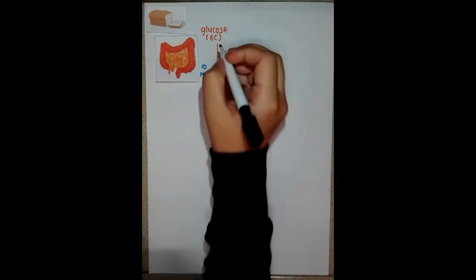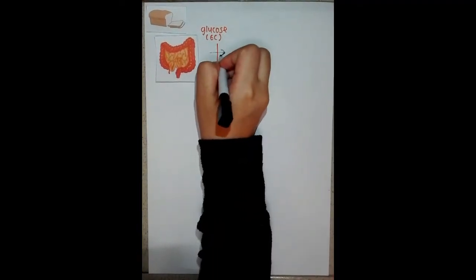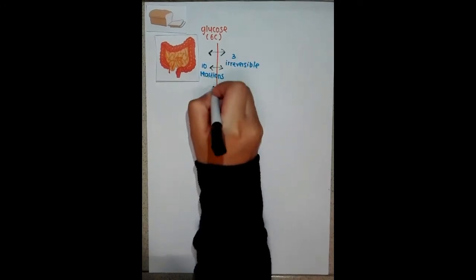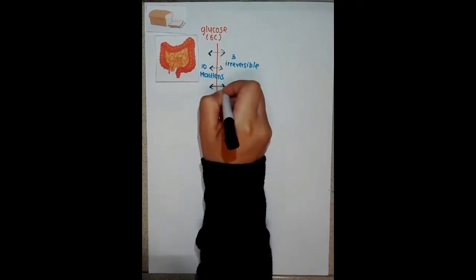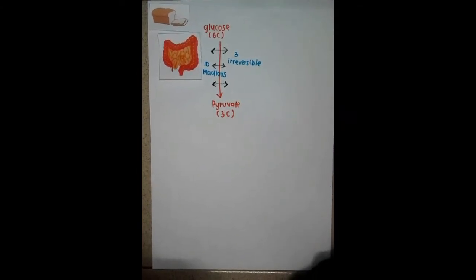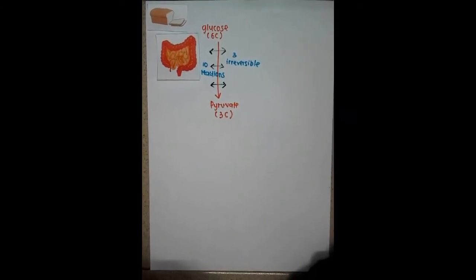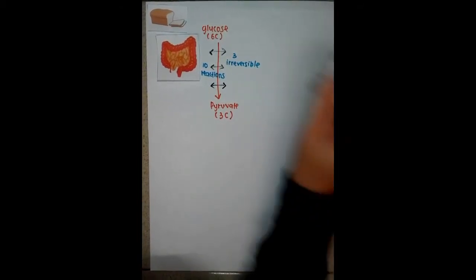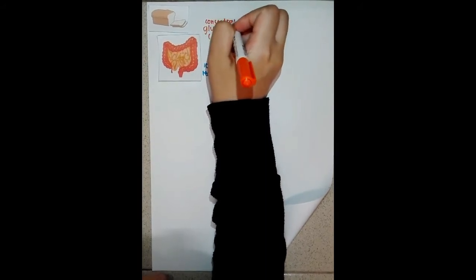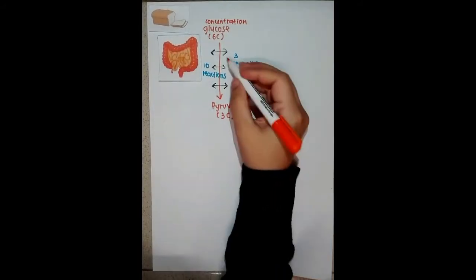It is important to understand the three irreversible reactions, which are catalyzed by specific enzymes and only regulated when the concentration of glucose is high, so that the excess glucose is converted into pyruvate.